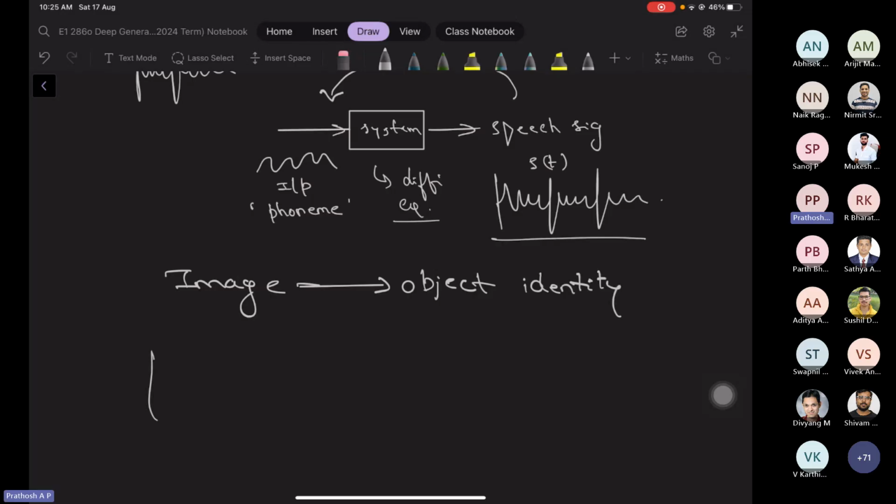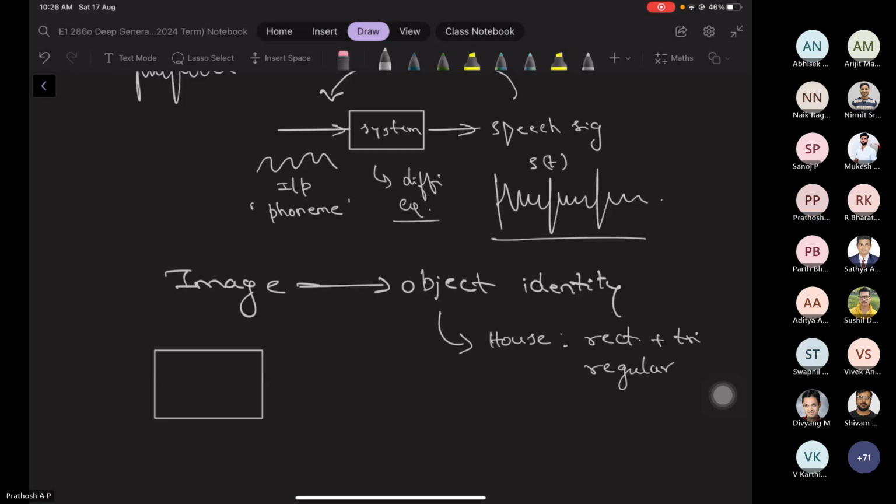So you take the image, and now model object identity as, let's say, it's a house: if I see a rectangle plus a triangle at the top, and then some regular shapes, and so on.